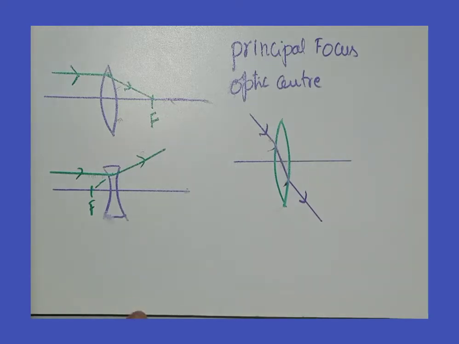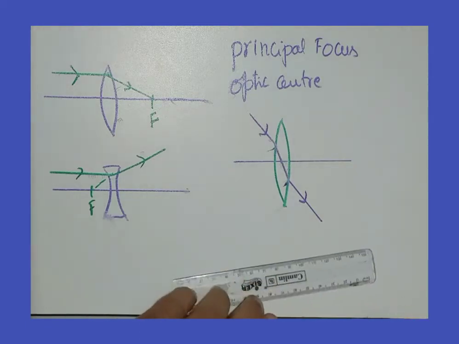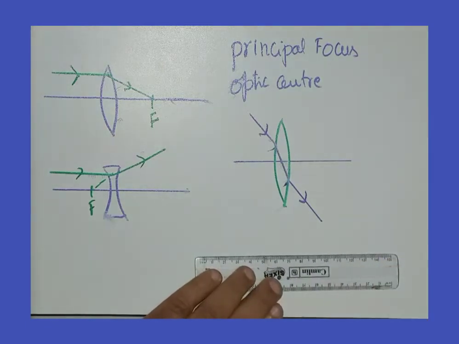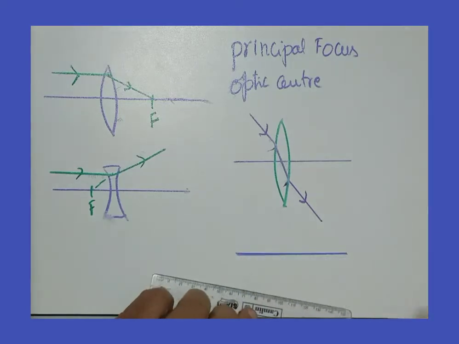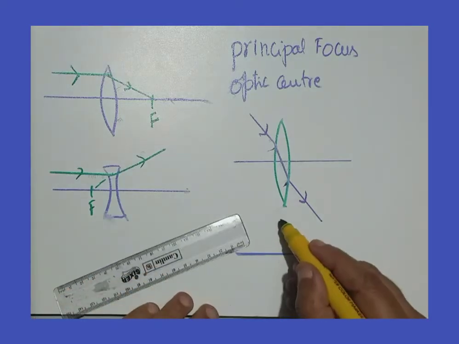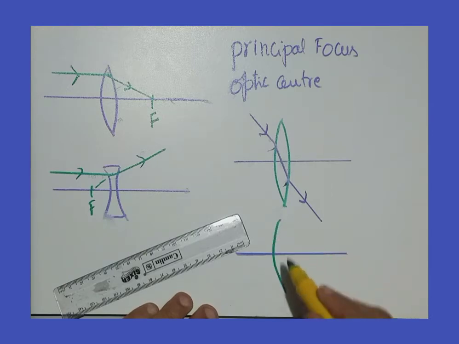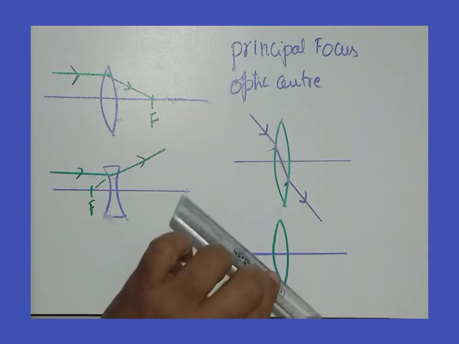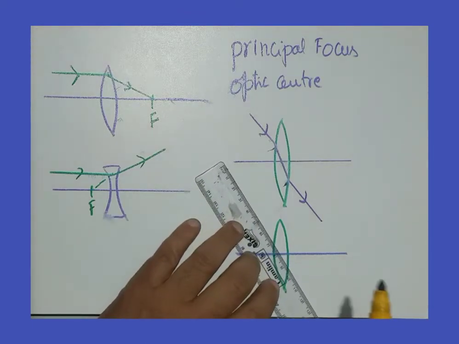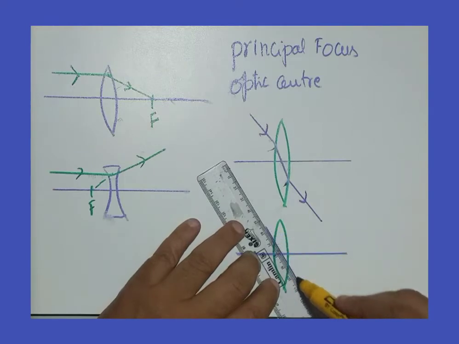In case of a thin lens, a beam of light falling on the lens will come out without any deviation at all. If we write the lens like this, a beam of light falling on it will come out without any deviation like this.